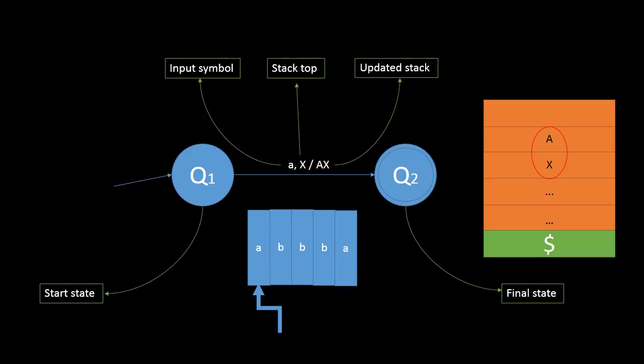This can be mathematically written as delta of Q1, A, X gives Q2, AX, where the first part is a function which consists of the input and the second part consists of the output. The input consists of the state, the input symbol, and the stack top, and the next part consists of the new state and the updated stack.